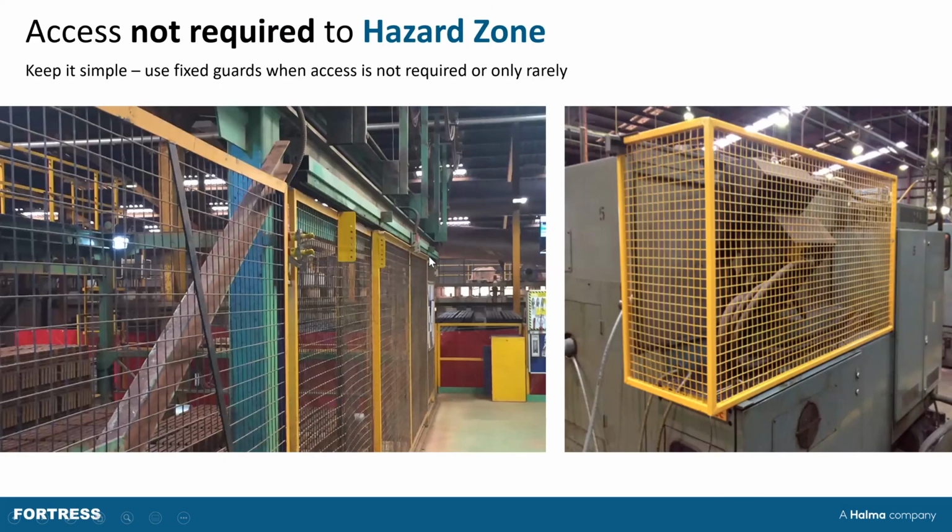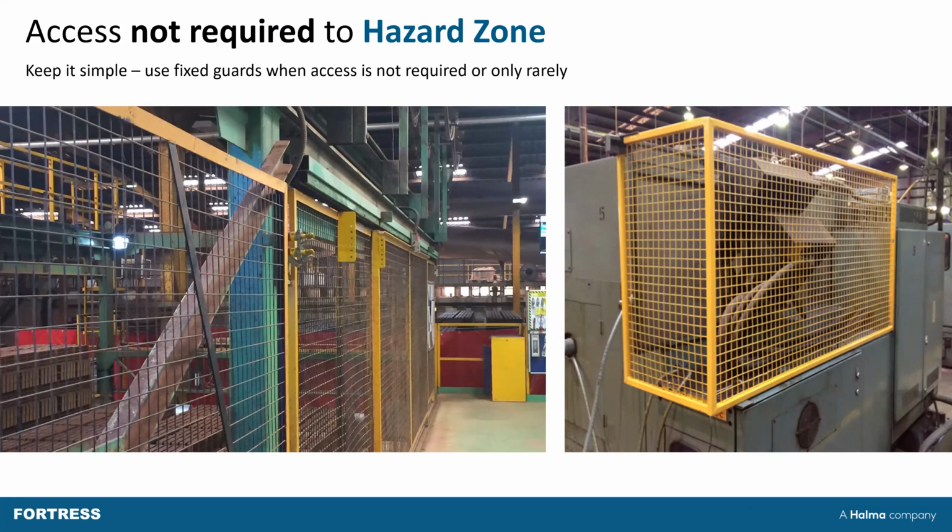So you've thought about it, and you realize you don't need to access an area. You don't need to get into this bit ever at all. Put a fixed guard on it. Don't make it more complicated than it needs to be. Chuck a fixed guard on it, sorted. You are fully removed from it.